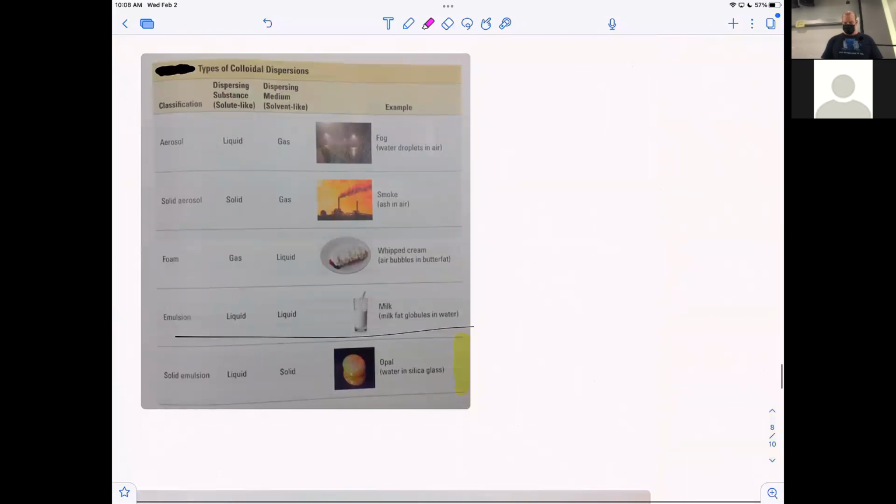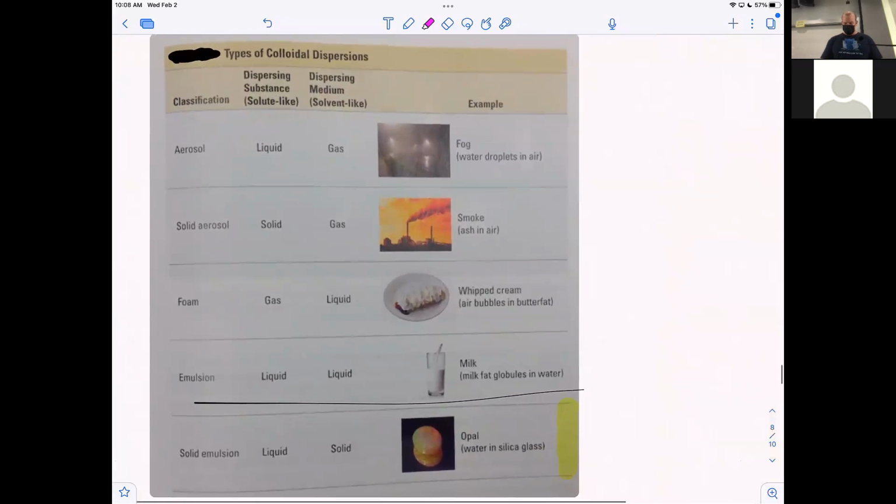But here are different types of colloidal dispersions. These are not solutions, but they're metastable. Meta means sort of stable-ish, a solution-like thing, but not really a solution because it's not homogeneous. Solution means homogeneous. So we can have an aerosol.